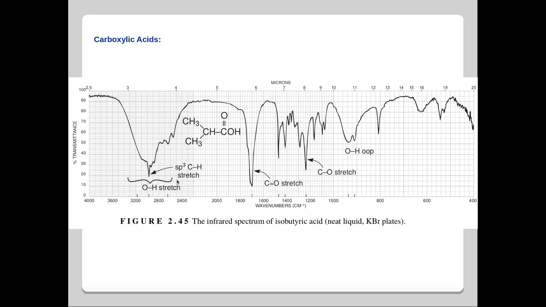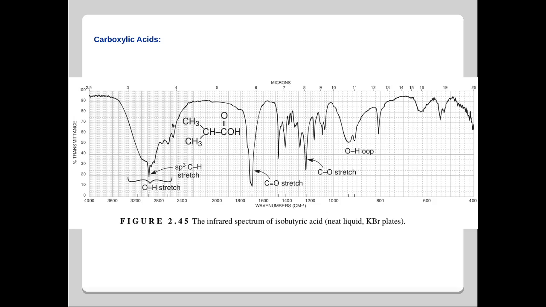Okay, so this one is an IR spectrum of a typical carboxylic acid, and you can see that the CO stretching vibration comes around 1710 or 1700 centimeter inverse here, and there is no conjugation effect here.